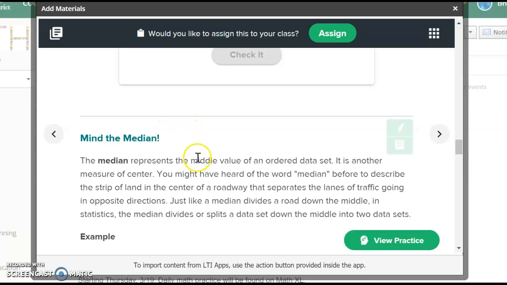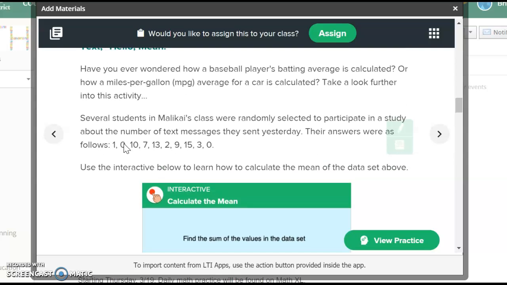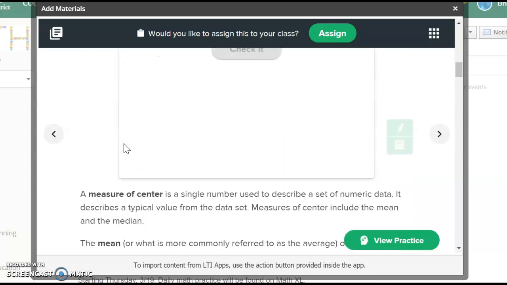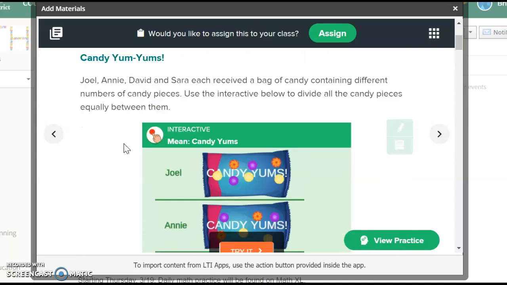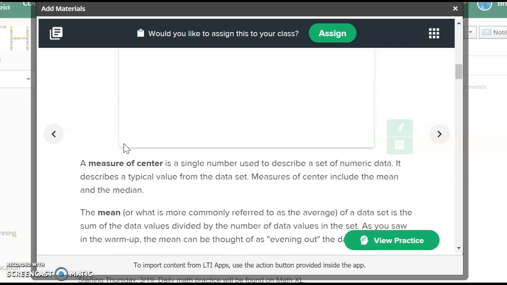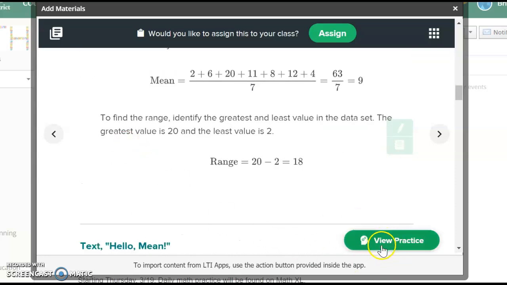Okay? This will not save for you. It won't save all of her previous work. Just remember where you left off. When you come back to the interactives, in this case, Kate would pick up at the median at this part and continue on. All this stuff that she did previously won't save, which is okay. She did it, she practiced it, she did the interactive, so she's good to go. The practice part will save your work when you get to the practice, okay? Hope this helps.